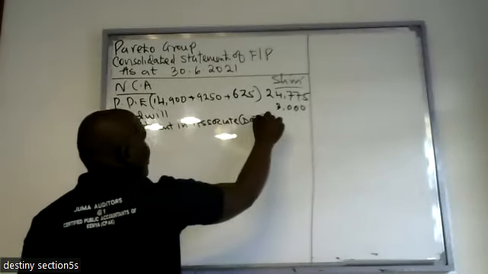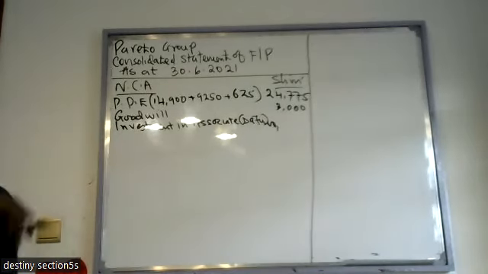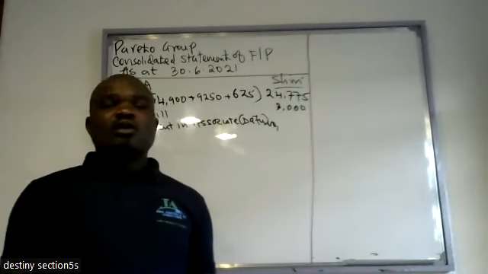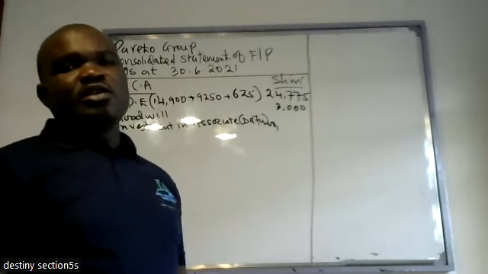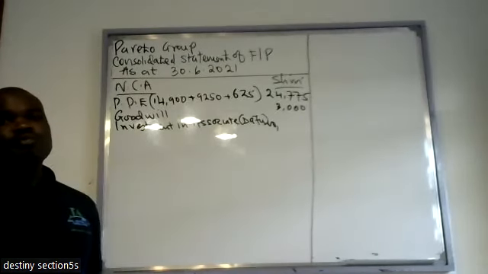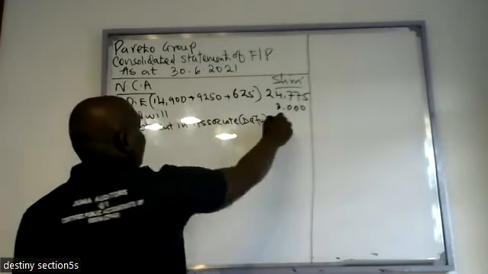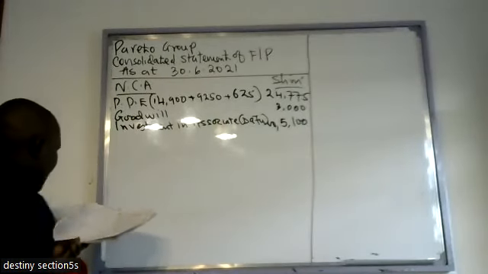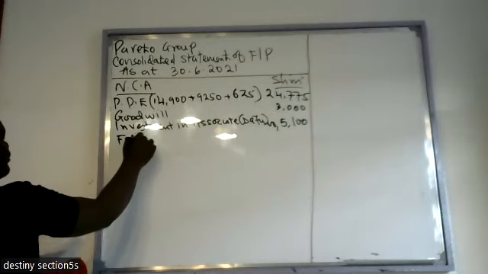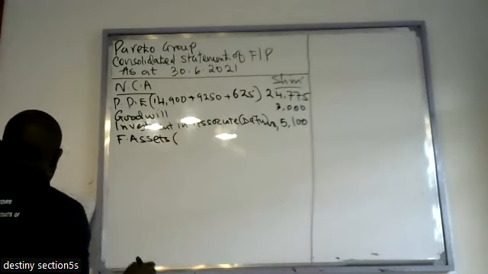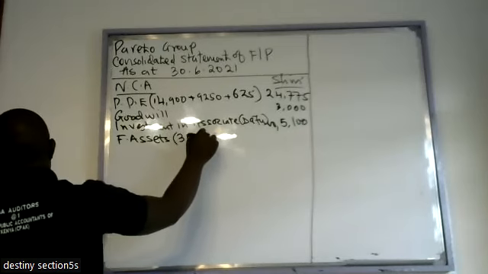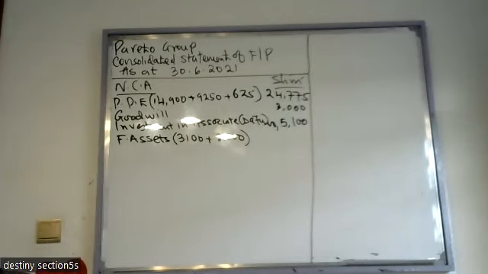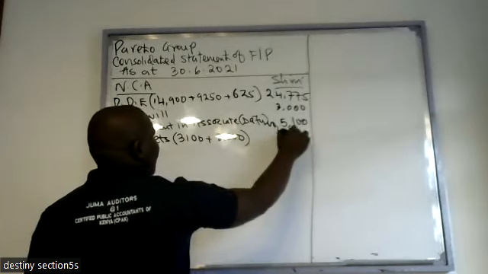Working 1. So check working 1. How much did we get? Investment in associates. 5,100, Aisha. Good. Then financial assets. You add 31 plus 28. There is no adjustment. That is 59. Question.